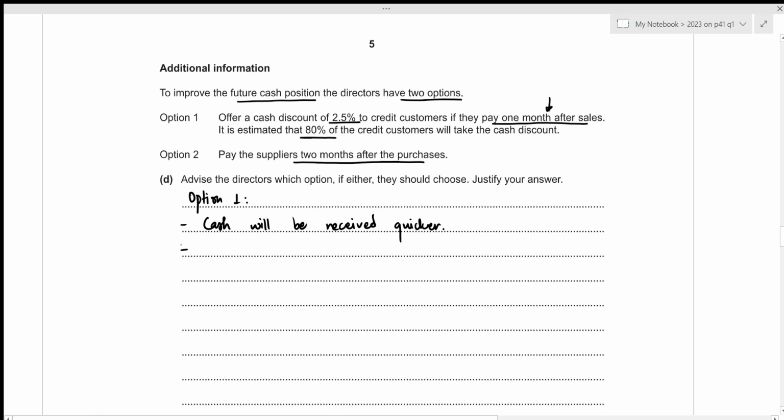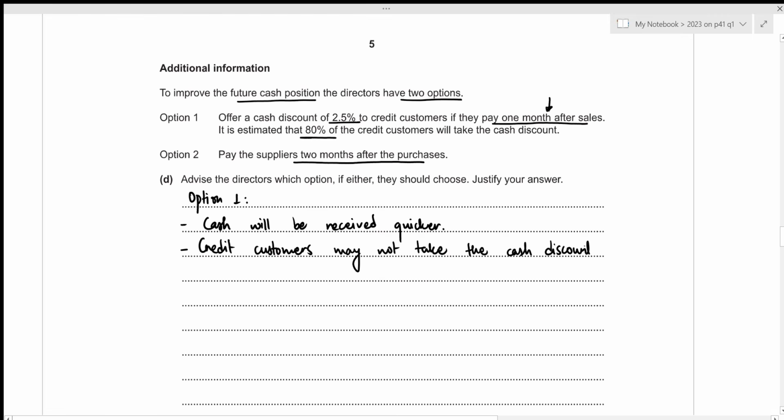Then the second thing that we can write down is we have no idea whether or not the credit customers would take this discount, right? So we do not know if the credit customers take the discount. We can write it as credit customers may not take the cash discount.